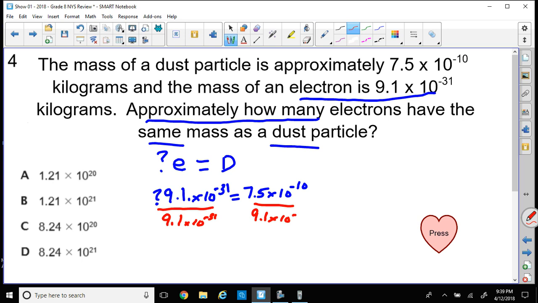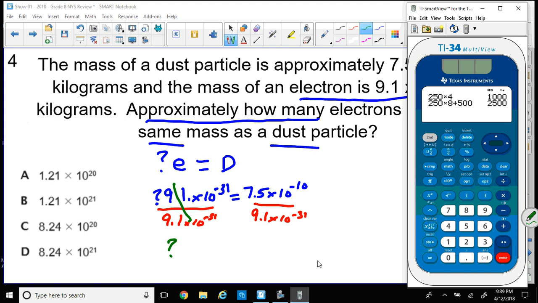Times 10 to the negative 31, and this cancels out, question mark. So let me get my calculator, and let's clear this out. First thing I'm going to do is go into my mode, and I'm going to change it to scientific notation mode.